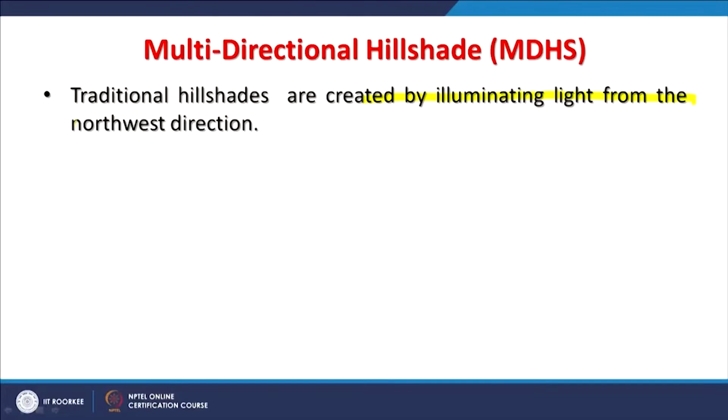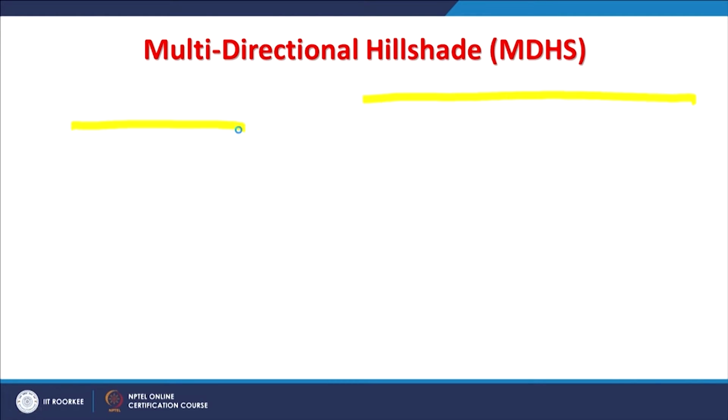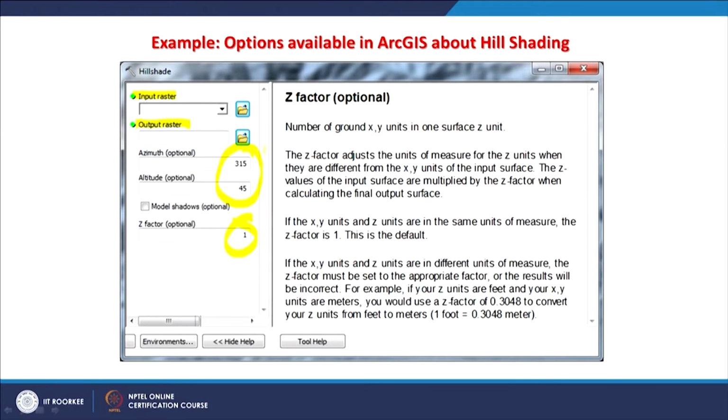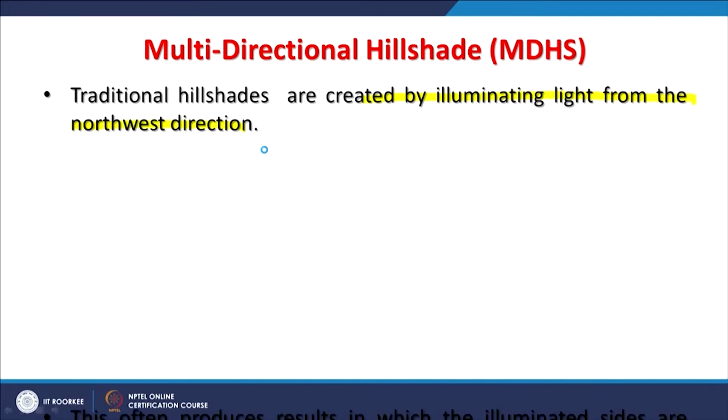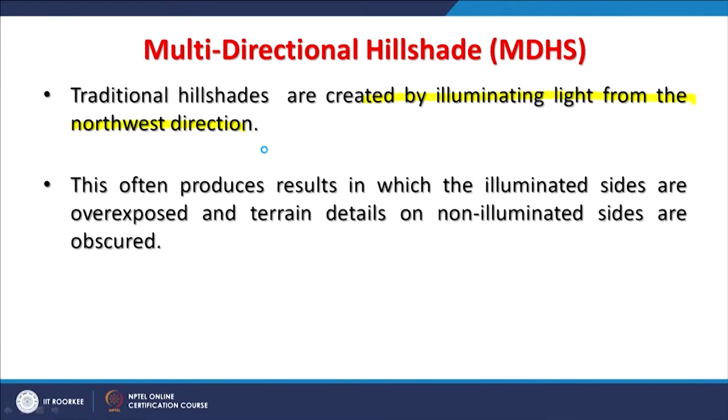The traditional shades are created by illuminating light from only the northwest direction. Though I can create from any direction by changing the angle in my software, it would always be a single direction. But if I want to create a shaded relief model having multiple directions, that is MDHS, then how to do it and how does this concept work.